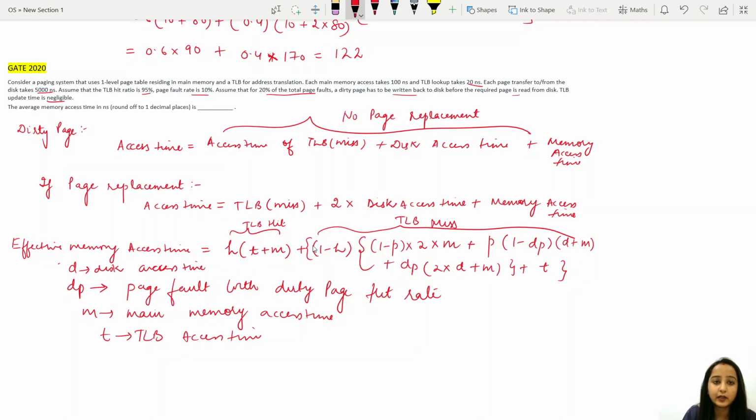So all the values are given in the question, so you have to put the values.